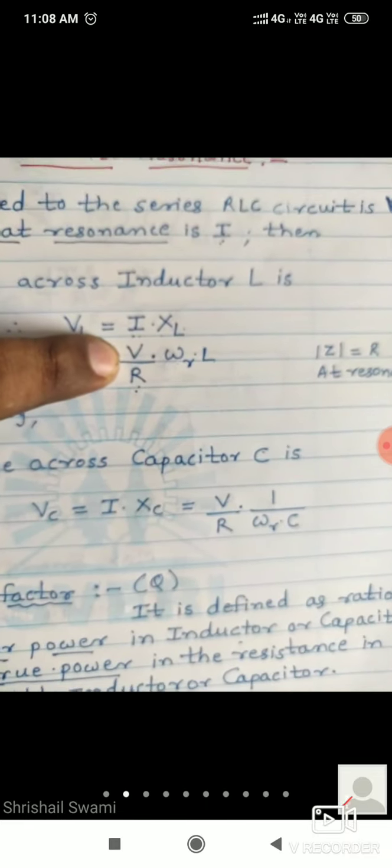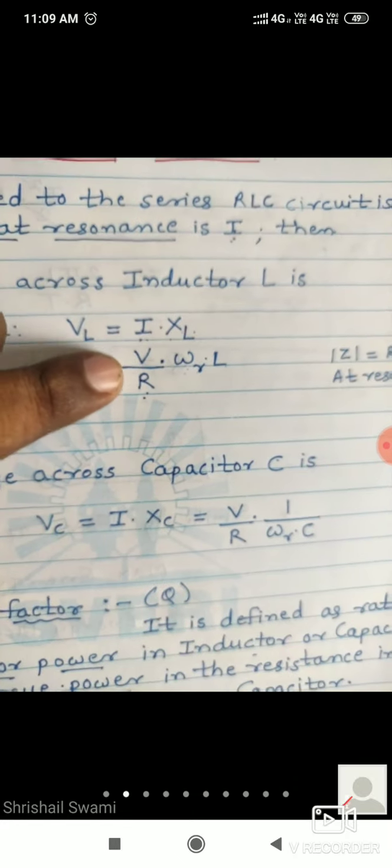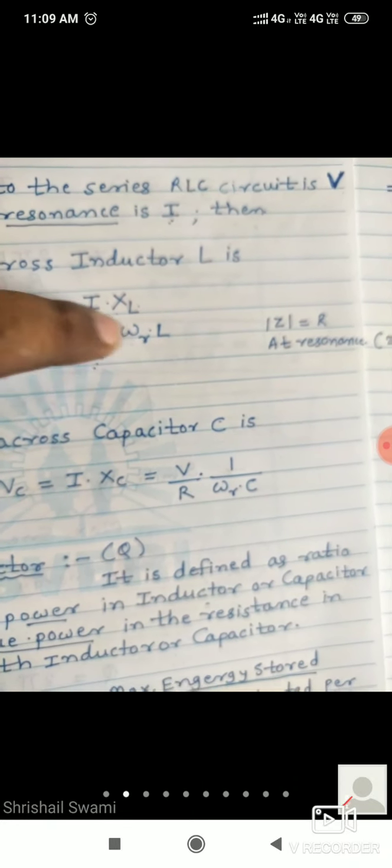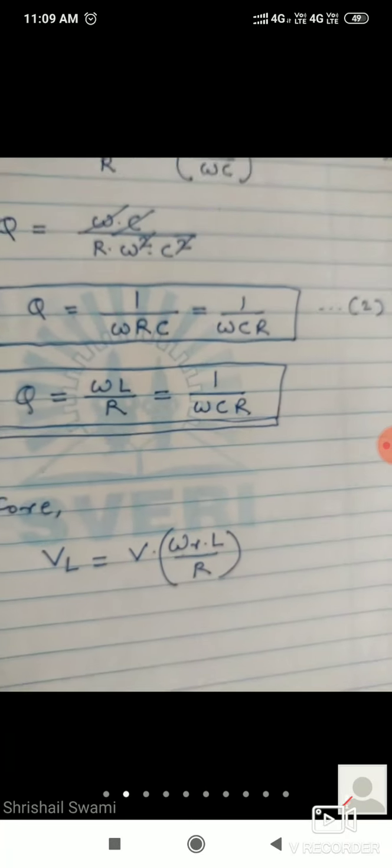VL is equal to V divided by R into omega R into L. I will write the same expression in a different manner: VL is equal to V into omega R into L divided by R. So omega R into L divided by R is taken in one bracket and V is outside. If you compare this expression with the previous one, what can you see?